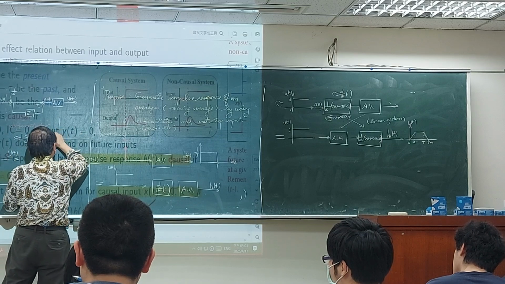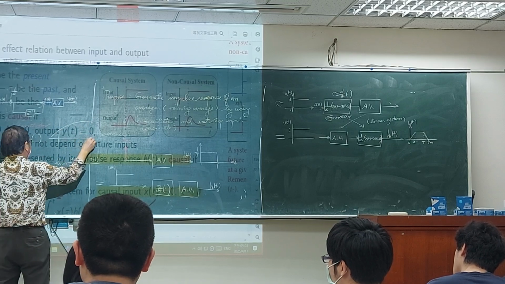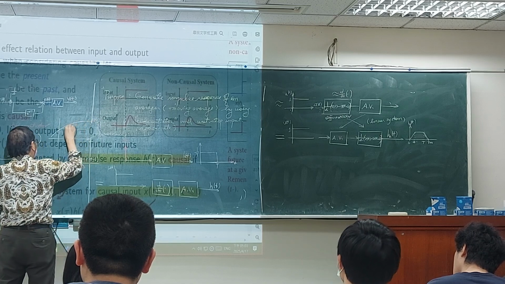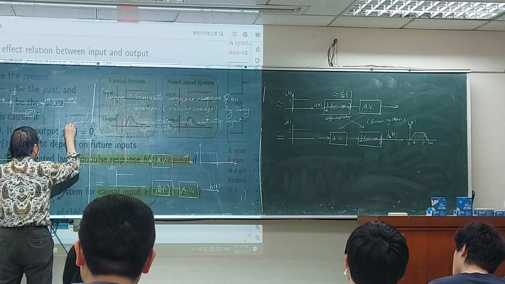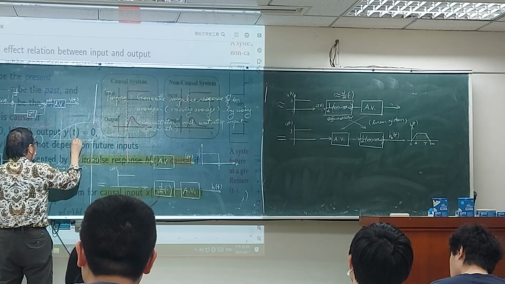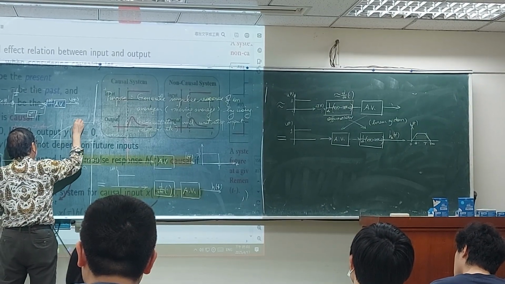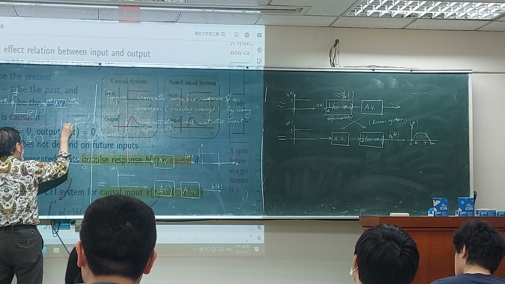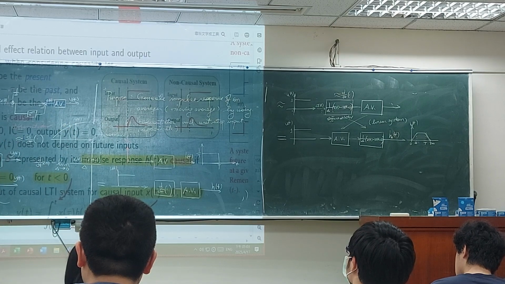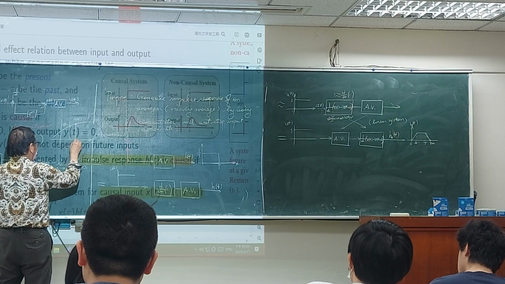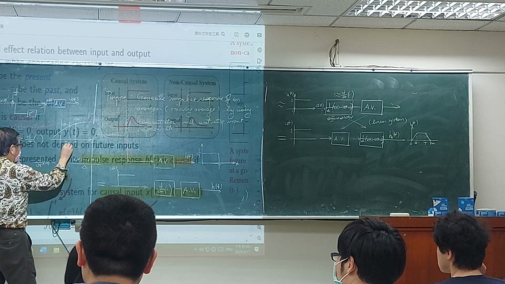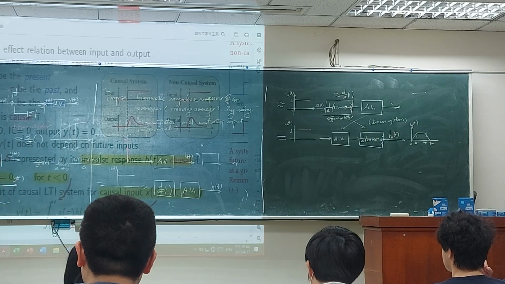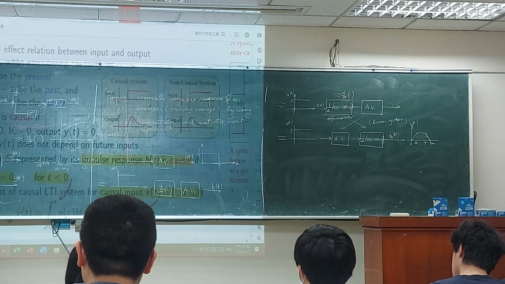If you have this, this is T, and this is T minus delta. So this function value is x of T, and this function value is x of T minus delta. Right?